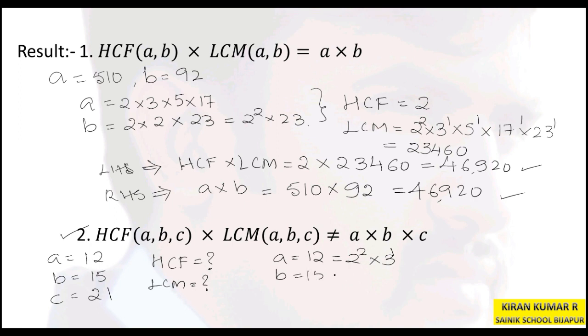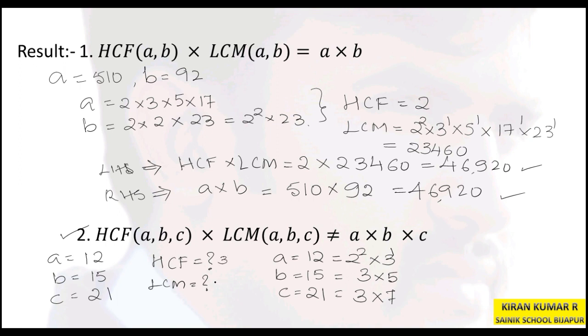For 15, the prime product is 3 into 5, 3 raised to the power 1 into 5 raised to the power 1. 21 is 3 raised to the power 1 into 7 raised to the power 1. The highest common factor is the common number here, 3 raised to the power 1.